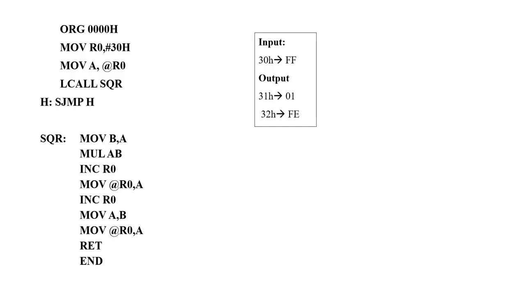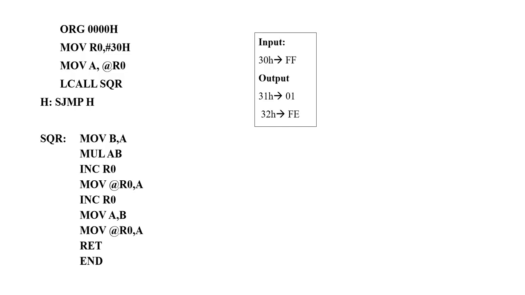Now we will go to the subroutine. This will perform the multiplication. Now MOV B, A. Here it will copy the value of A into B. Then MUL AB multiplies A by B, and the result is such that A will have the lower byte and B will have the higher byte of the result.